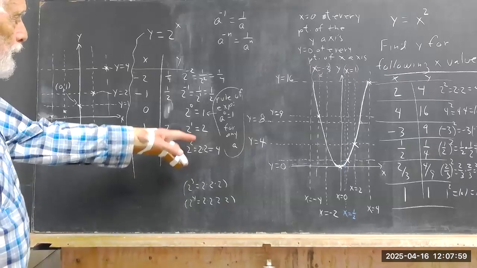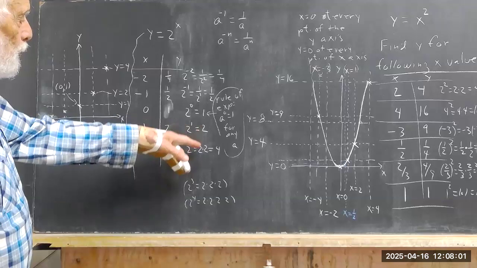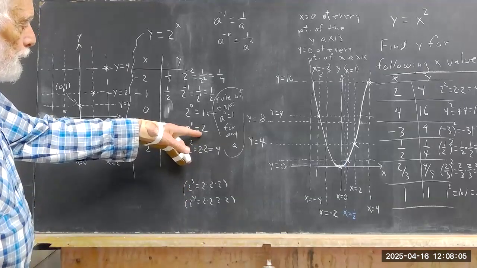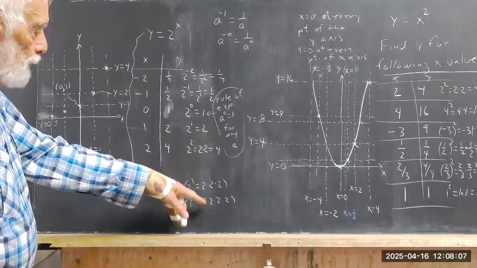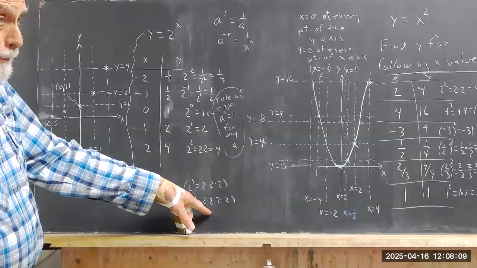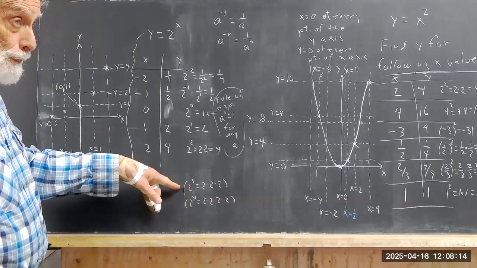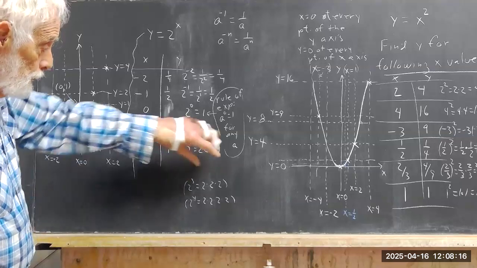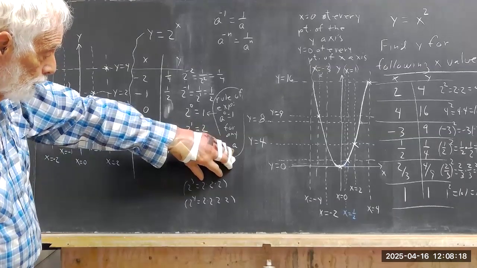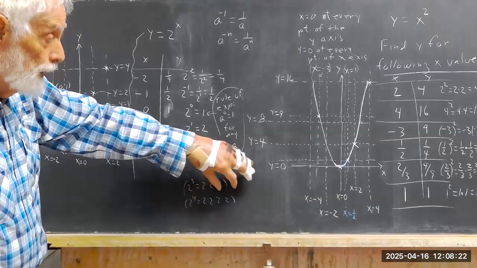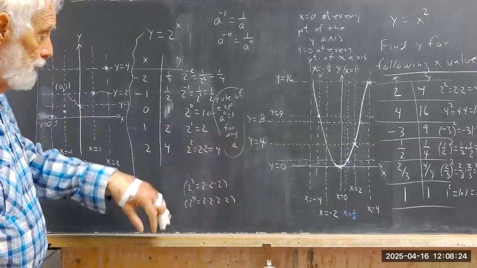The other pattern is if we go from 2 to the 1, to 2 to the second, 2 to the third, to 2 to the fourth, we have 1 two, then 2 of them, then 3, and then 4 of them, right? Which means that each of these is 2 times the one before it. 2 cubed is 2 times 2 times 2. If I double that, I multiply it by 2. I get 2 times 2 times 2 times 2.